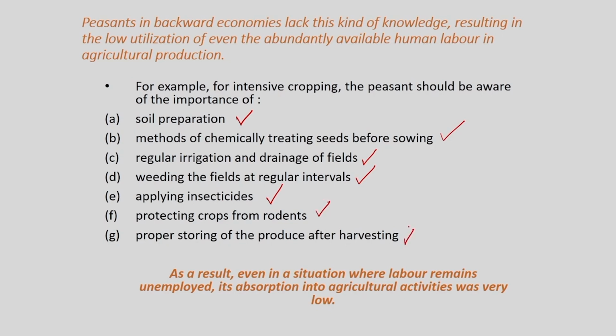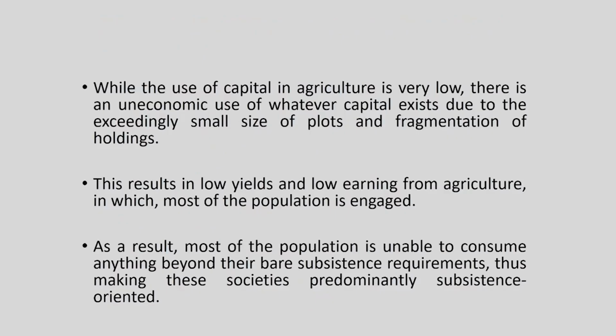Peasants in backward economies lack this kind of knowledge, resulting in the low utilization of even the abundantly available human labor in agricultural production, and as a result, even in a situation where labor remains unemployed, its absorption into agricultural activities is very low.